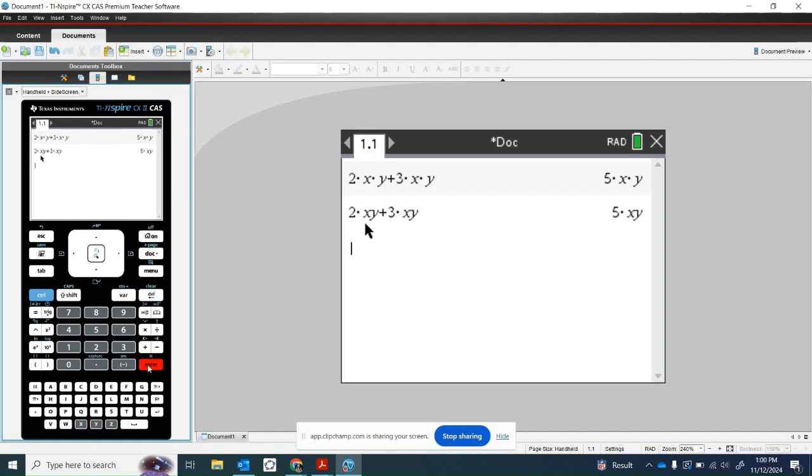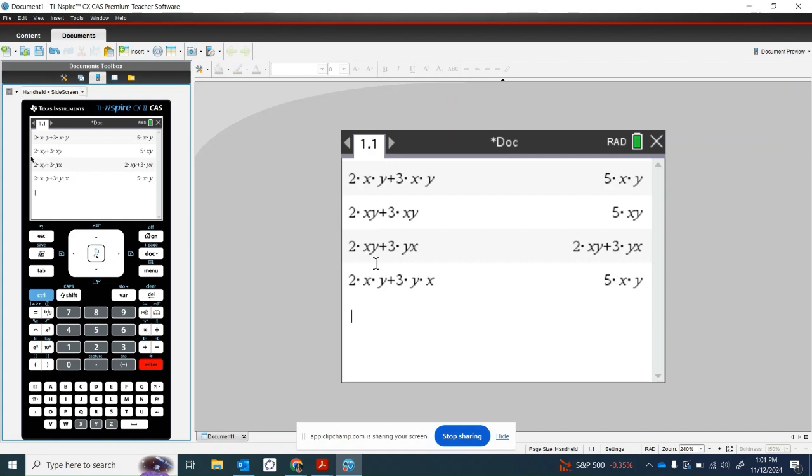It will not work the same if I hit 2xy plus 3xy. It does look a little different there. It actually did work, but sometimes it doesn't, especially if the variables are flipped. If I had 2xy plus 3yx, then it won't add them together. But if I did it the first way, 2 times x times y plus 3 times y times x, then it's going to notice that it is all of the variables.